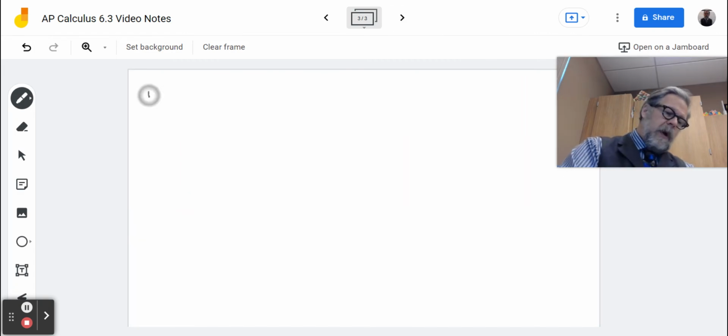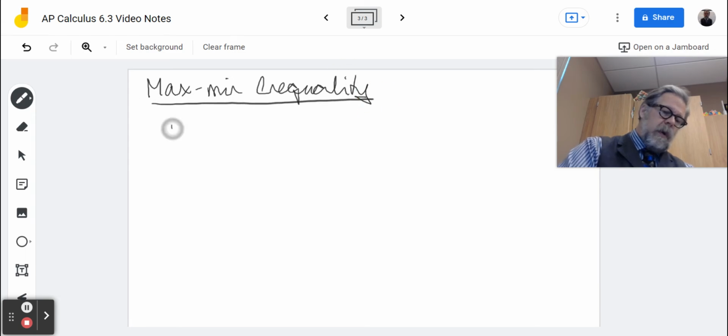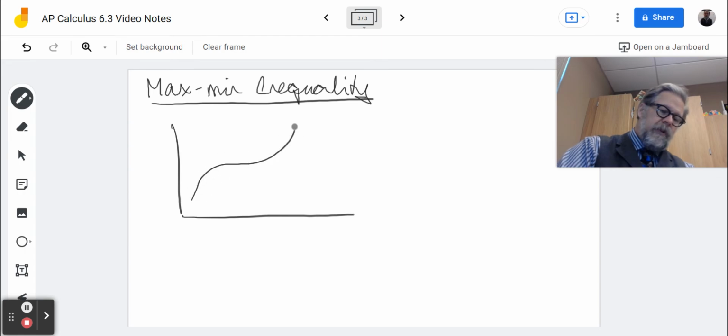Here's a fun one, the Max Min Inequality Property. So let's look at a quick graph. I've got some graph, here it is. So let's think about what the minimum area under this curve is.